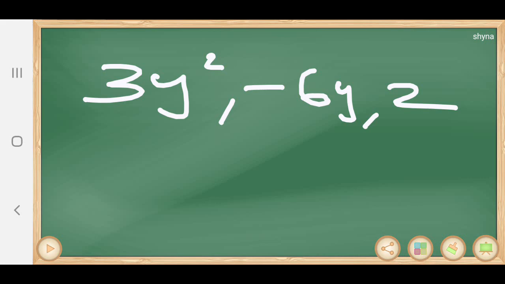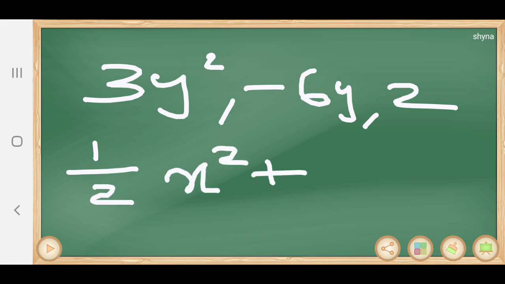Okay, next. Terms of the third example: terms of 1 by 2x square plus 3x minus 1.